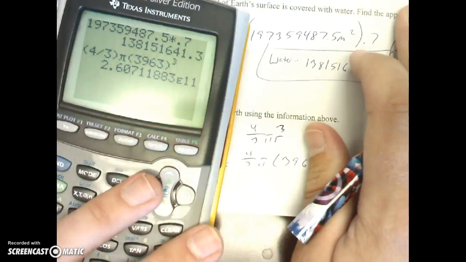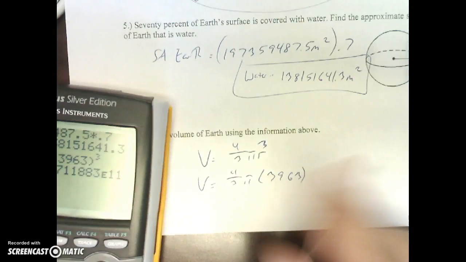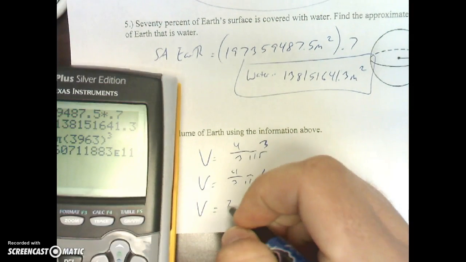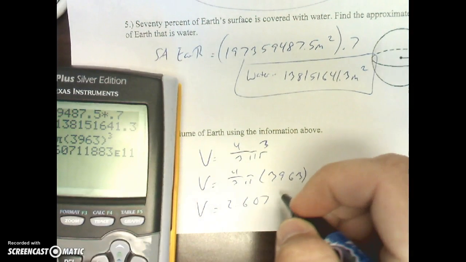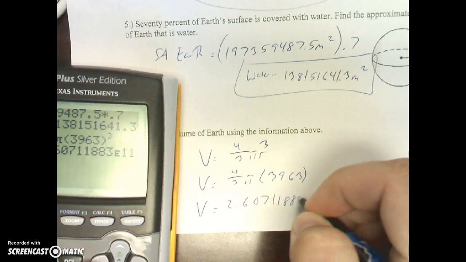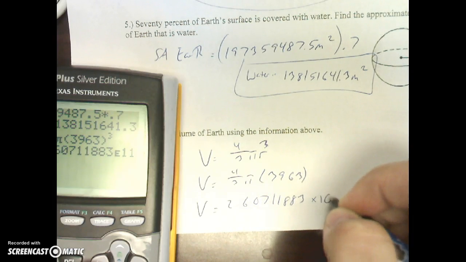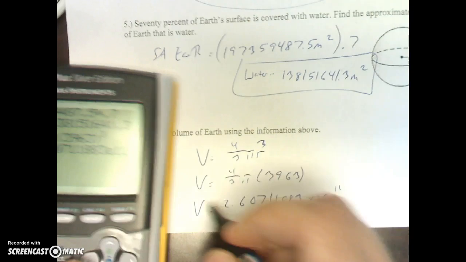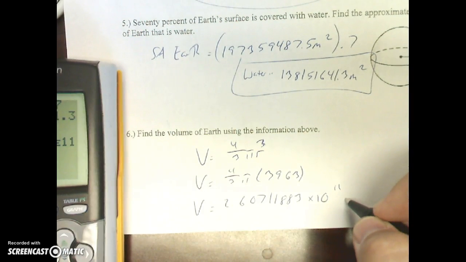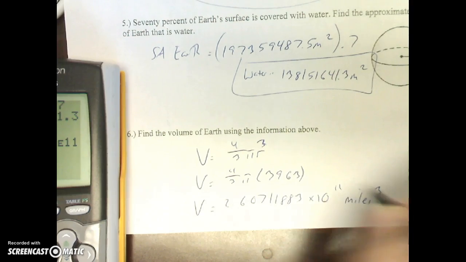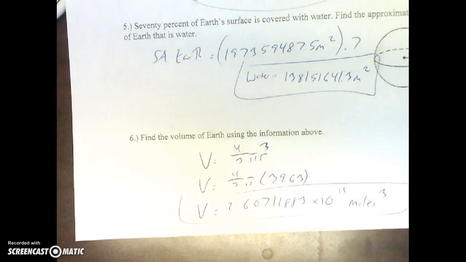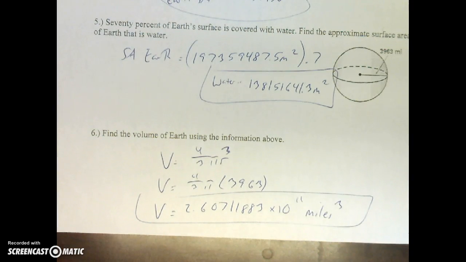Now, hopefully you've seen this E before. Volume equals 2.60711883 E 11. The E stands for times 10 raised to the 11th power. And we're talking about that in terms of miles cubed. So a rather large number, which should make sense because of how massive the Earth is.